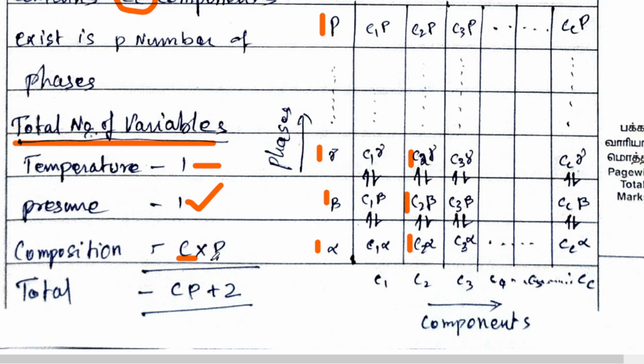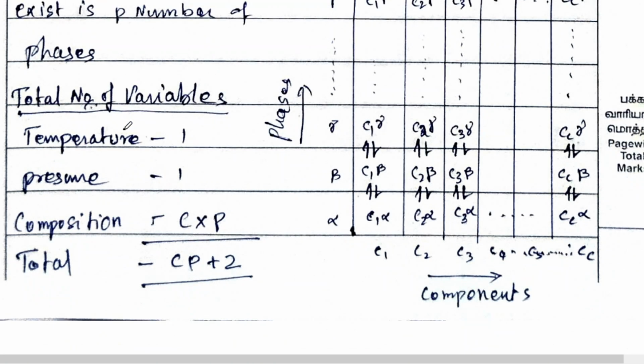There are C number of components, and that exist in P number of phases, and therefore the total composition variables will be C multiplied by P. Therefore the total number of variables will be Cp plus 2, temperature 1 and pressure 1. These are the total number of variables, Cp plus 2. Kindly remember this, and we will use this while deriving.